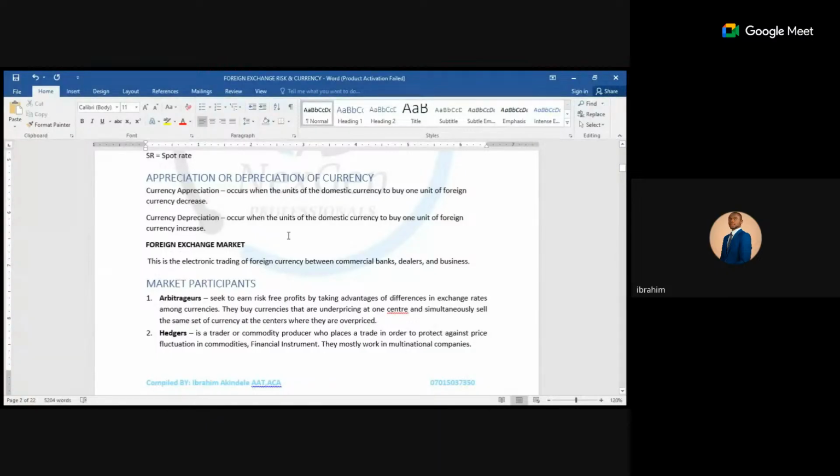Currency appreciation occurs when the units of the domestic currency needed to buy 1 unit of foreign currency decrease. You can say the currency is appreciating.